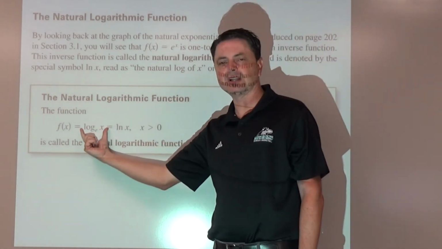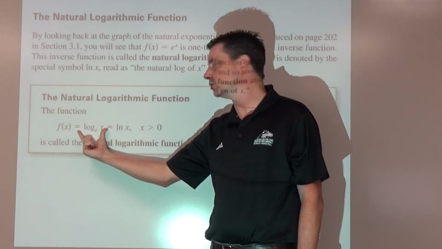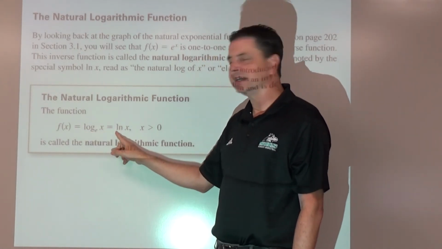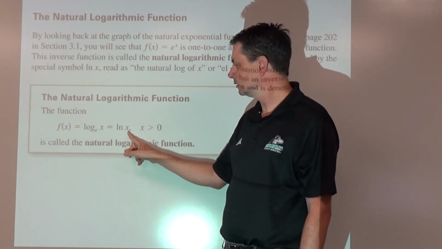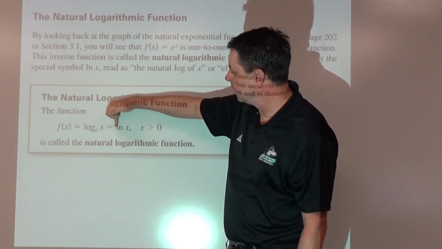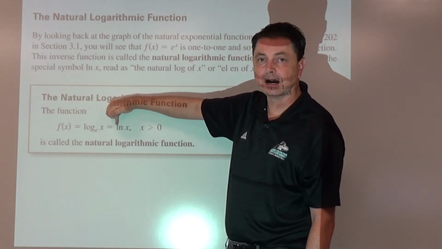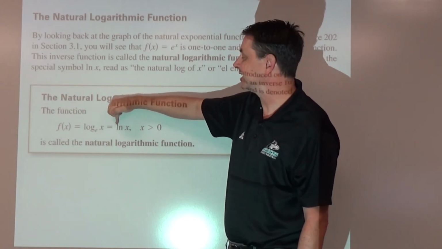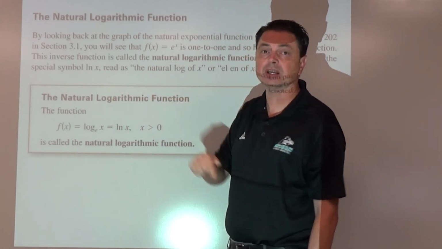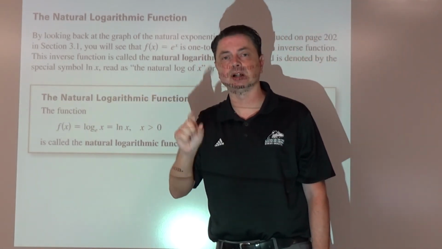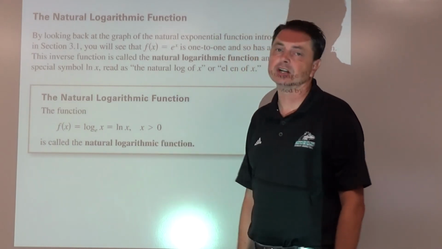Except we don't typically write it like this. There's special notation, and it is ln of x. That's ln, not capital I-N, it's ln. You might notice on your calculator you have a button that says capital L, capital N. That's the natural log button.